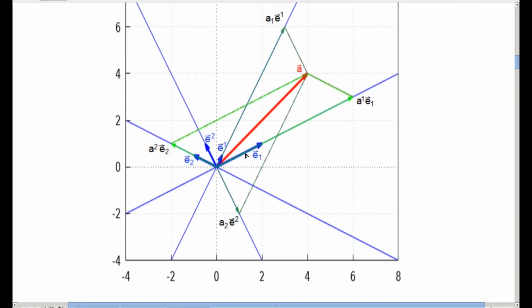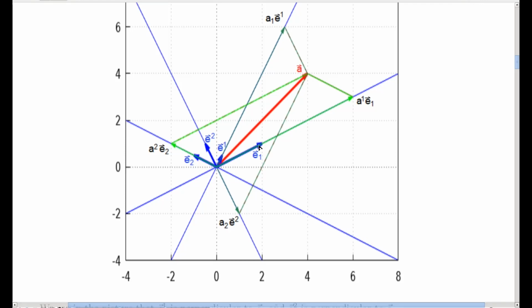Then we have here E1 contravariant, and we see it is orthogonal to E2 covariant. And E2 contravariant is orthogonal to E1 covariant. So we have two different bases here.